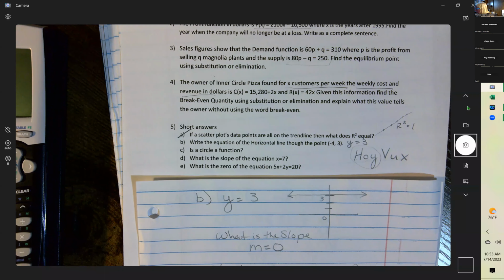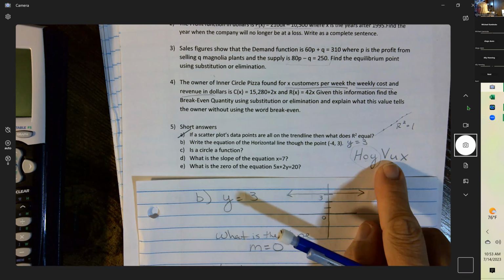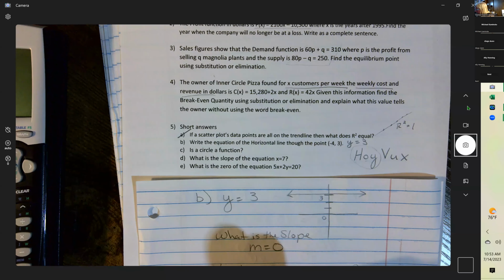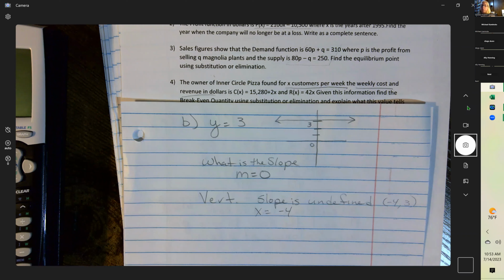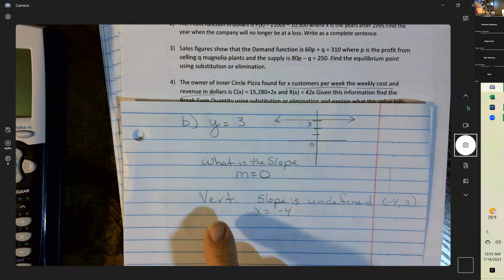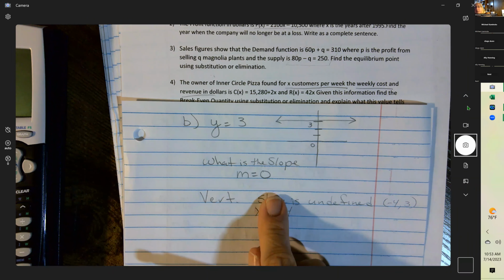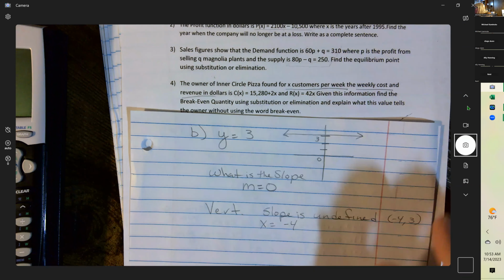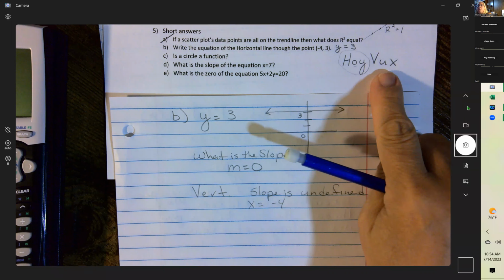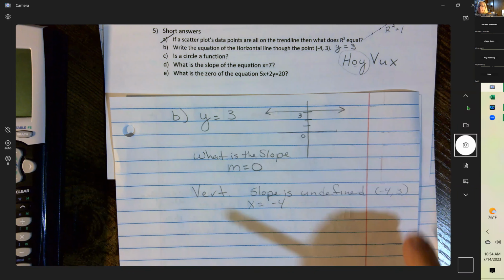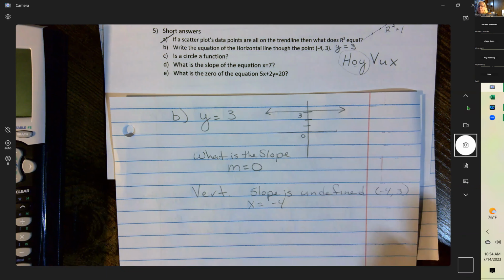If we wrote the equation, vertical line, undefined slope, x equals a number, the x value -4. If we use the same point, it'd be x equals -4.